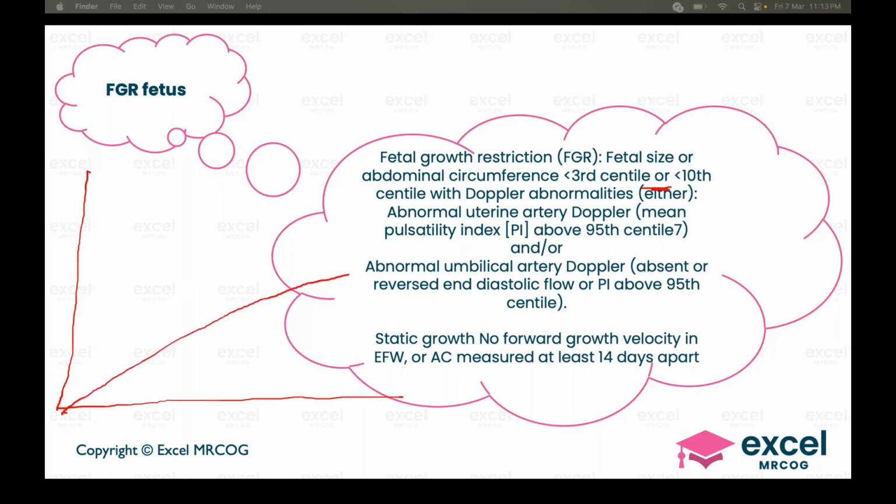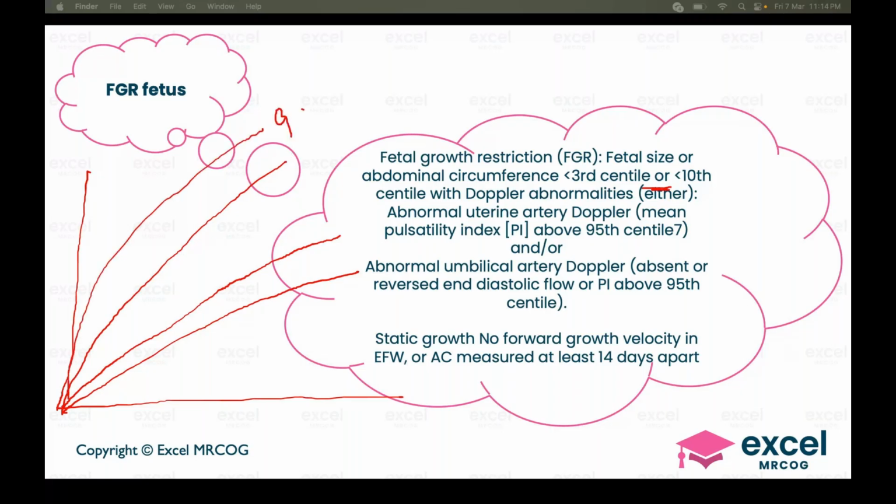This is the 3rd centile. This is the 5th centile, say. This is the 50th centile. This is the 90th centile. Okay, approximately. The diagram is not accurate. Say this is the 10th and this is 3.